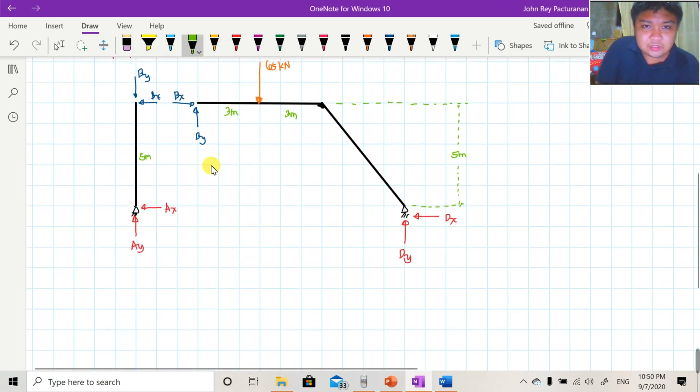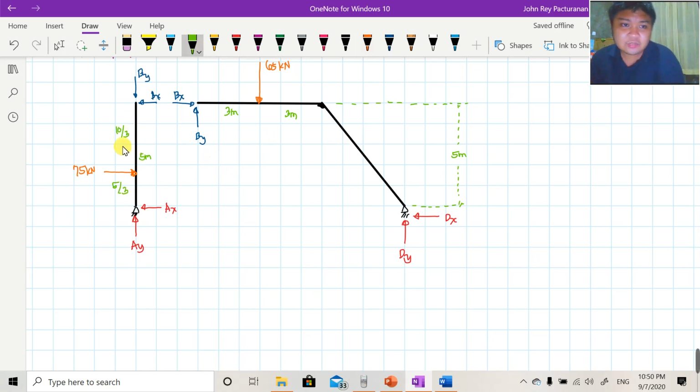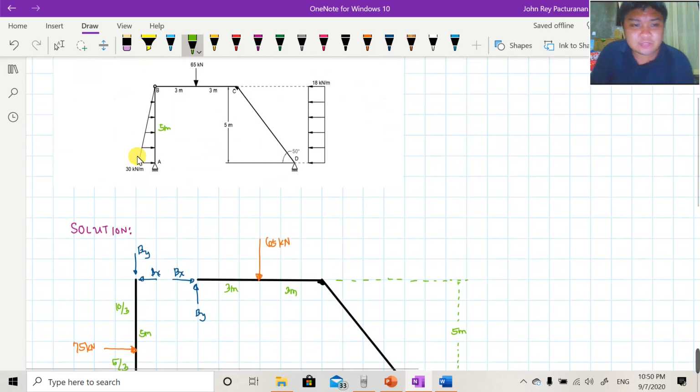So, ang ibig sabihin nun, ilagay ko siya dito, somewhere here. Okay? So, ilagay ko siya as 75 kilonewton. Tapos, yung distance dito ay 5/3, tapos 10/3. So, syempre, alam niyo naman yung silbi niyan dahil nga, for the case of triangle, syempre, ang mangyayari, dito automatic 75 siya and 1/3 2/3 rule.